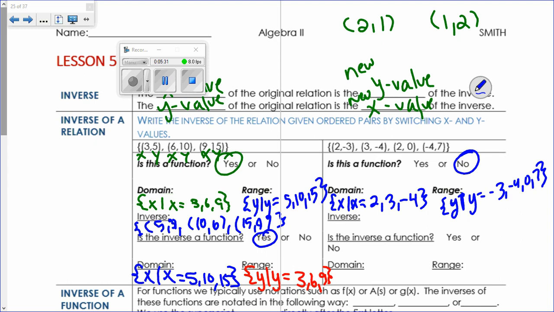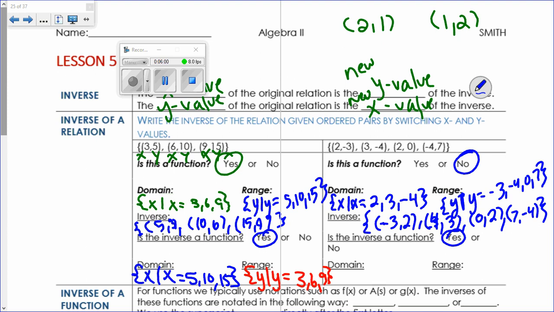For the inverse, you just switch all the x's and y's. So here, (-3, 2), (-4, 3), (0, 2), (7, ...). Is this inverse a function? There are no repeating y values in the original, so yes, this is a function.